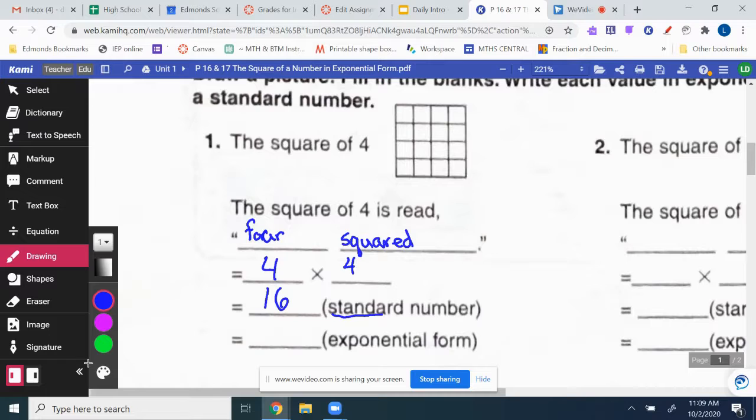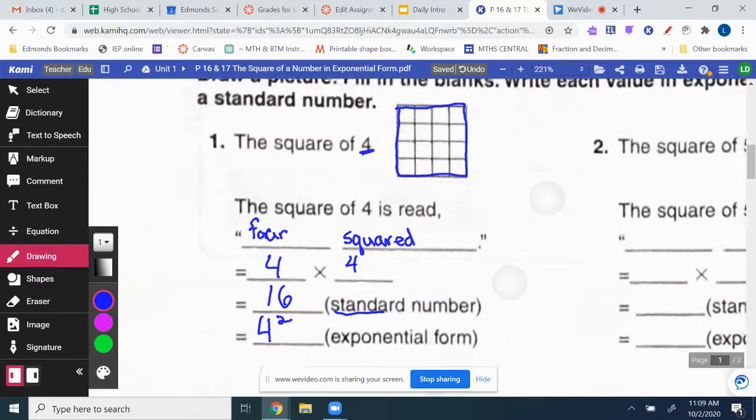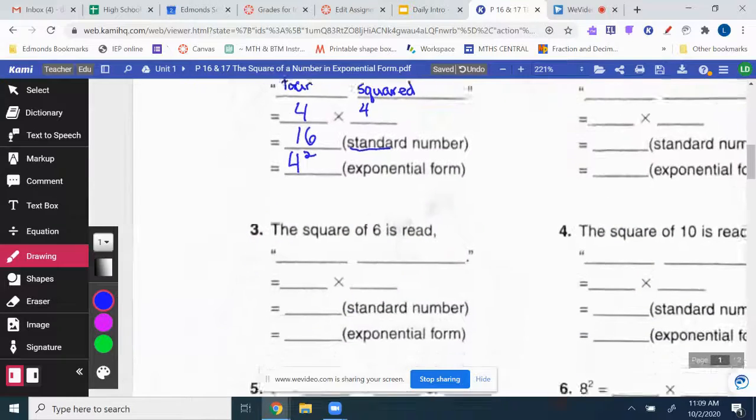There are 16 little squares in this big square right here. There are 16 units there. The exponential form, remember, we're going to take our original number, the 4, as our base, and how many times we have 4 by 4, and that is 2. We have 1, 2 4s, and so it'd be 4 squared, or 4 to the second power. You can say it in both ways.